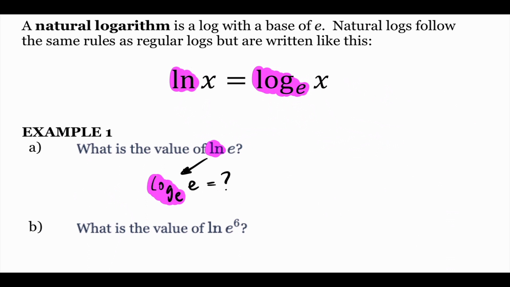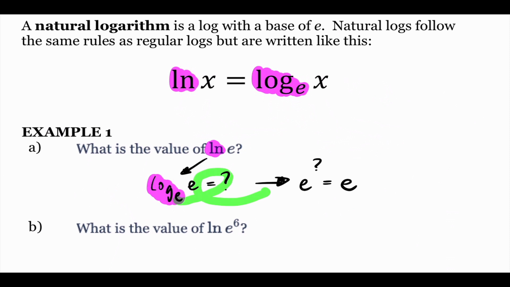So you're going to use the loop trick to rewrite it. So it has a base of e. The power is question mark. The answer is e. So it's going to look like e to some power equals e.